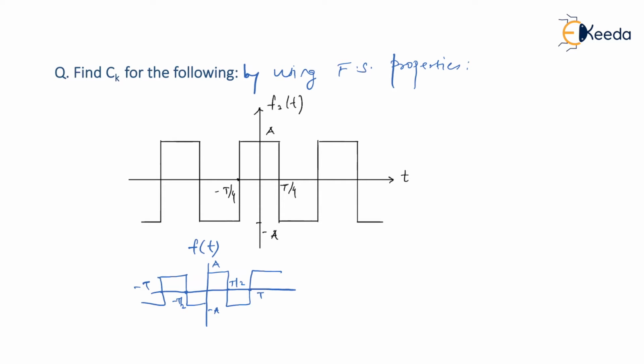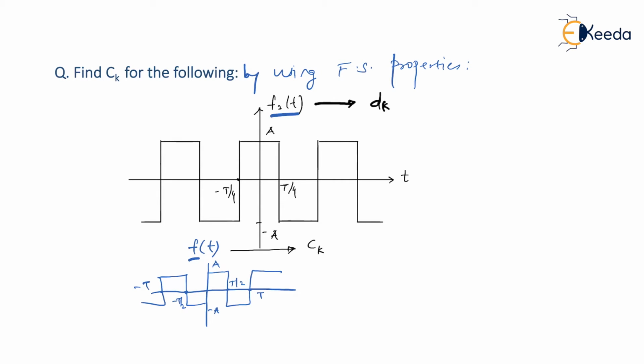So let's say I want to relate f2 of t and f of t. See why I'm relating f2 of t with f of t, so that I can relate their respective coefficients also. Is that right? So let me assume the Fourier series coefficient for f2 of t is dk, and the Fourier series coefficient for f of t is ck.